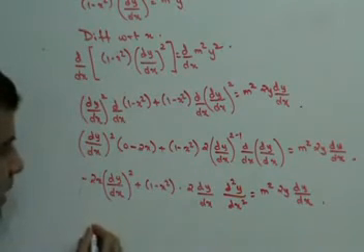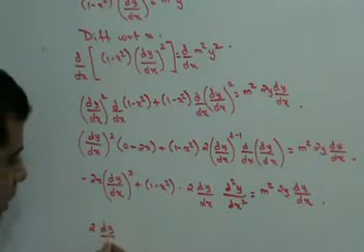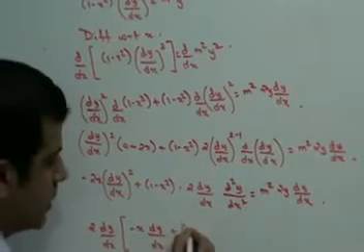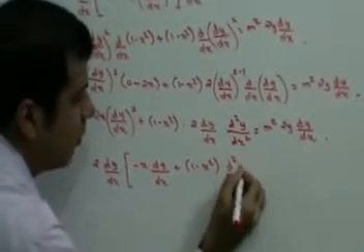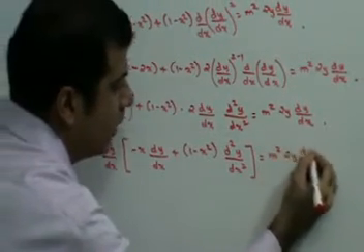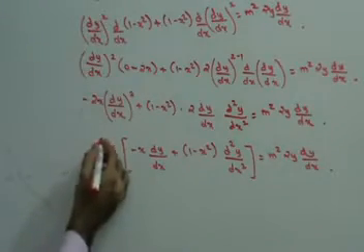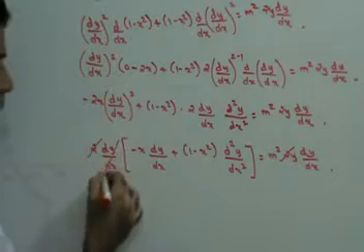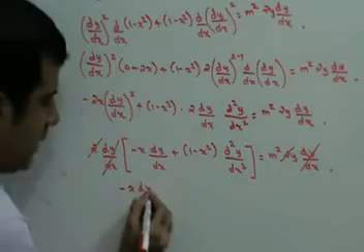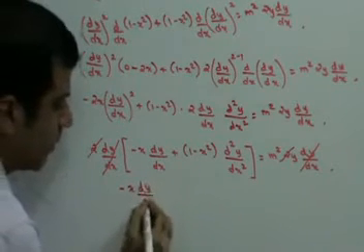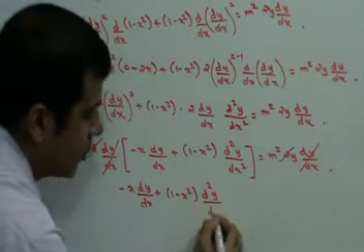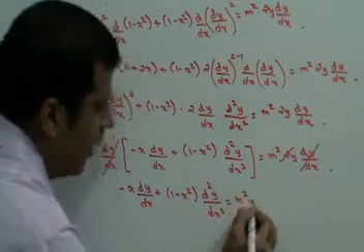Now on the left hand side I can take 2 common, dy by dx common. So in that case you will get minus x dy by dx plus 1 minus x square d square y by dx square is equal to m squared 2y dy by dx. 2 and 2 get cancelled, dy by dx and dy by dx get cancelled, minus x dy by dx plus 1 minus x square d square y by dx square is m square y.